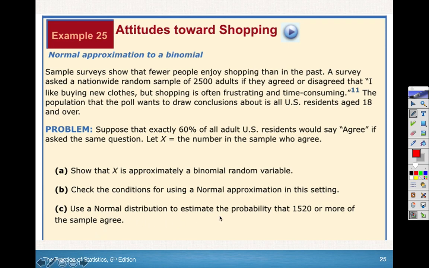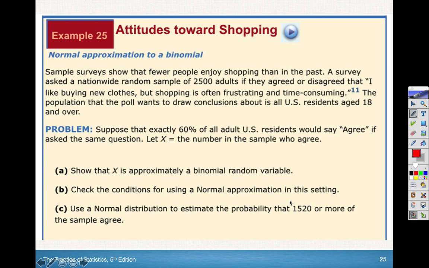So use a normal distribution to estimate the probability that x is 1,520 or more. What does that mean to us in a normal distribution? It means lower bound 1,520, upper bound infinity, meaning a huge number. We always put in something like 100,000, 10,000, or 20,000 for an upper bound.